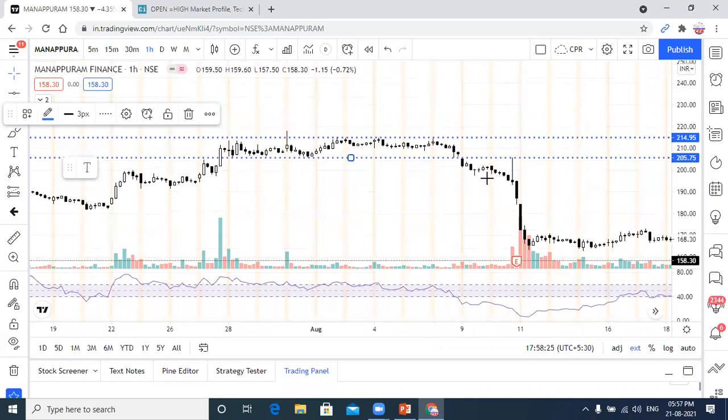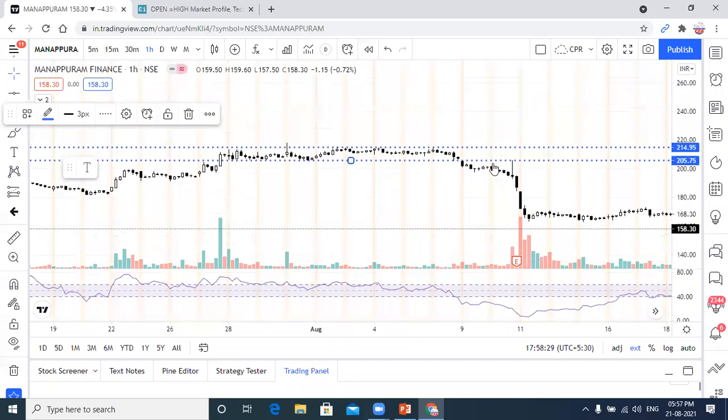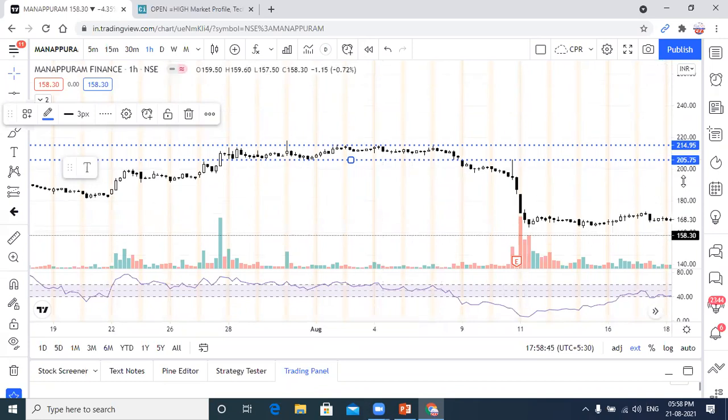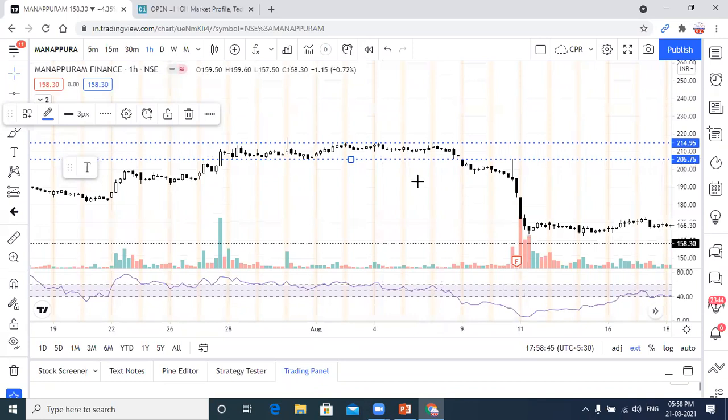Since 9th August, this counter is in a downtrend, and that's why you are getting this kind of setup. So till date, we have got 3 opportunities in this counter. All these points will help you a lot to initiate a trade. So do not just look at the setup; try looking at these points.